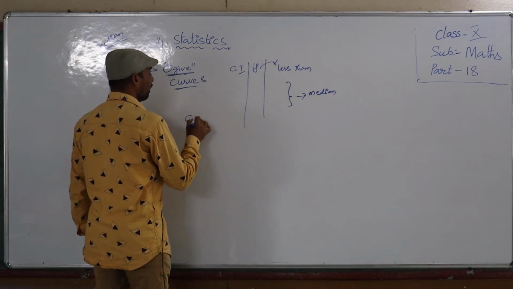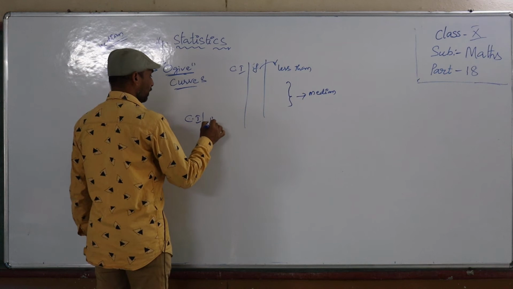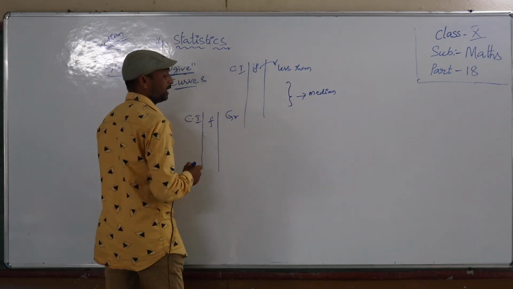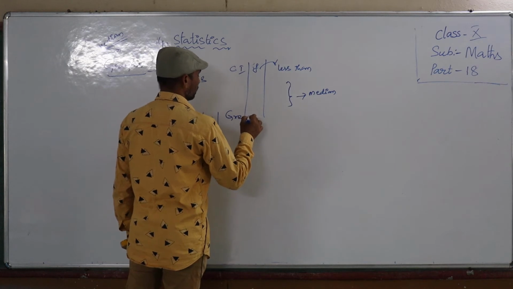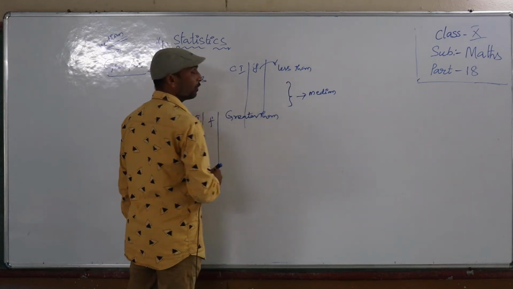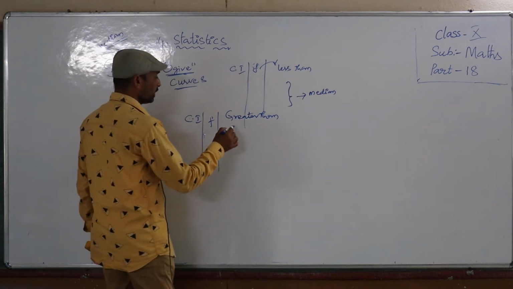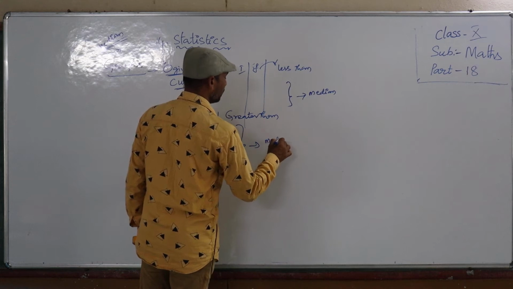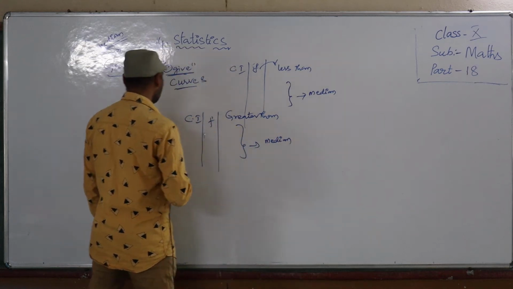Next, class interval with frequency, and greater than cumulative frequency; by using this also we can find the median.